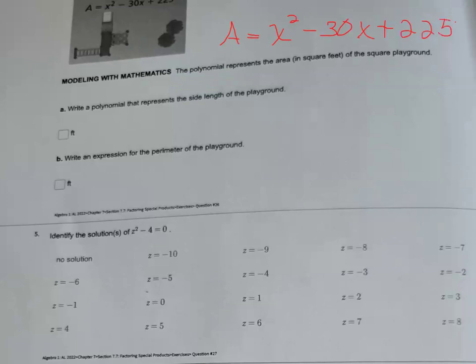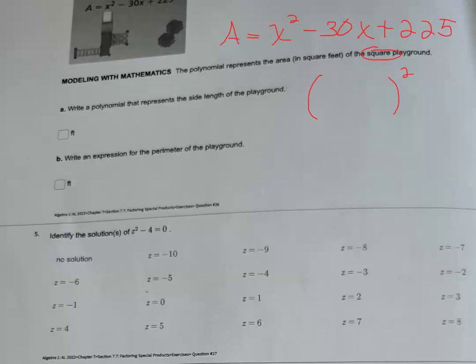Okay, so it says write a polynomial that represents the side length of the playground. So right here, it tells you that that's a square playground. So that tells us that that's a perfect square trinomial. So it's just going to be a binomial squared. So pause it and see if you can factor that into a binomial squared.